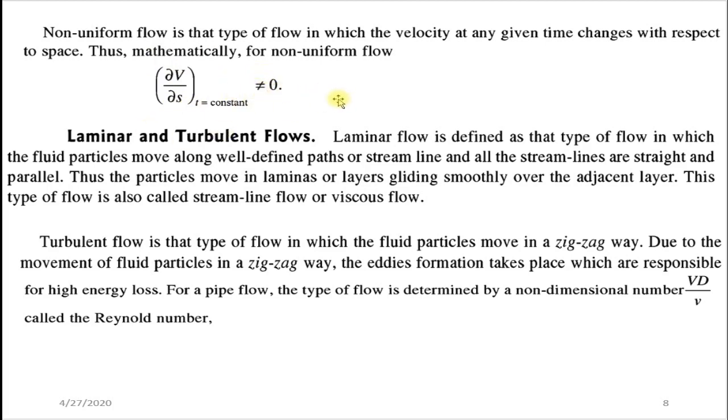Now coming to laminar and turbulent flows. A laminar flow is characterized by a smooth flow of one layer of fluid over the adjacent layer. The fluid particles move in well-defined paths or streamlines and keep the same path at successive cross-sections of the passage.